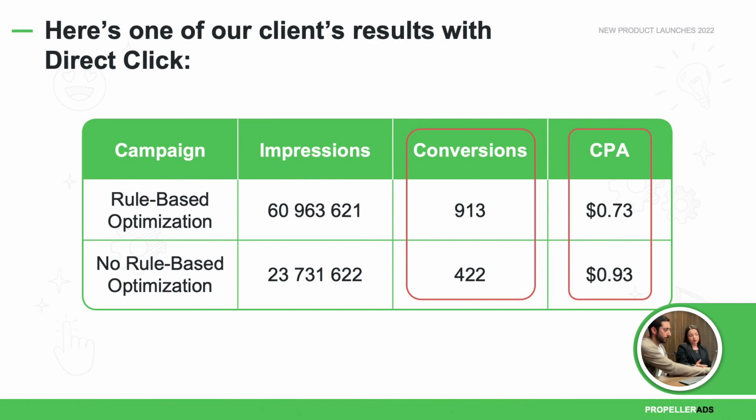What was the rule, you would ask? The rule was to exclude the zones that were bringing the CPA higher than 0.9. So the advertiser gives the zones the possibility to bring slightly more expensive conversions than 0.8, but all in all, he's profiting even more than was expected. As easy as it is.